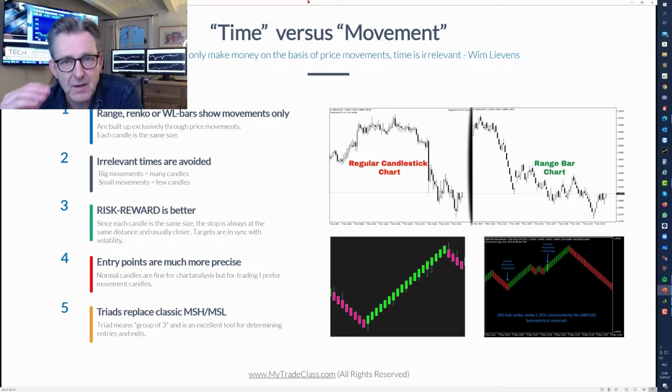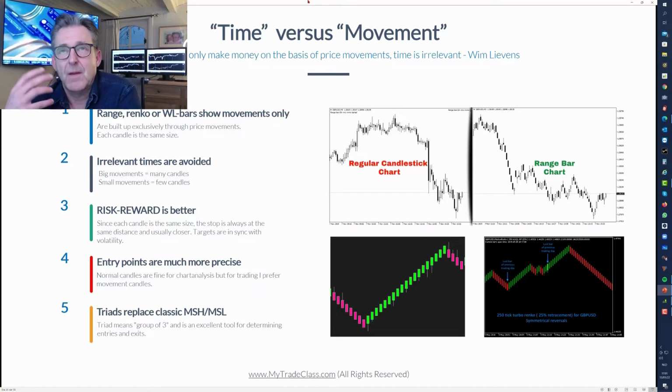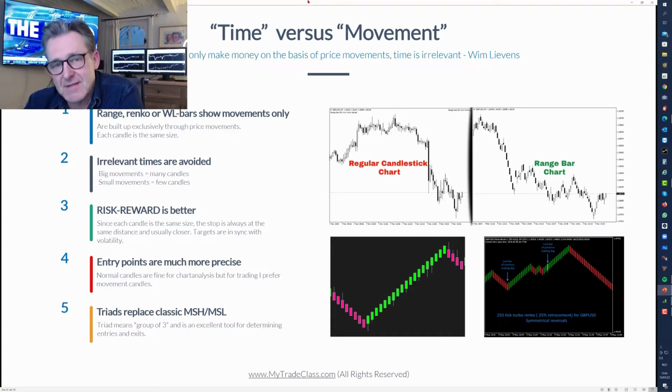The bars are not built on time, but on movement. And this has, I think, for day trading, huge advantages. When there's a lot of movement, you will have a lot of bars. When there is no movement or little, you will have few bars. And that is, to me, an advantage. Why? Because I don't have to look at too much noise. So recognizing trends and recognizing sideways markets becomes a lot easier.